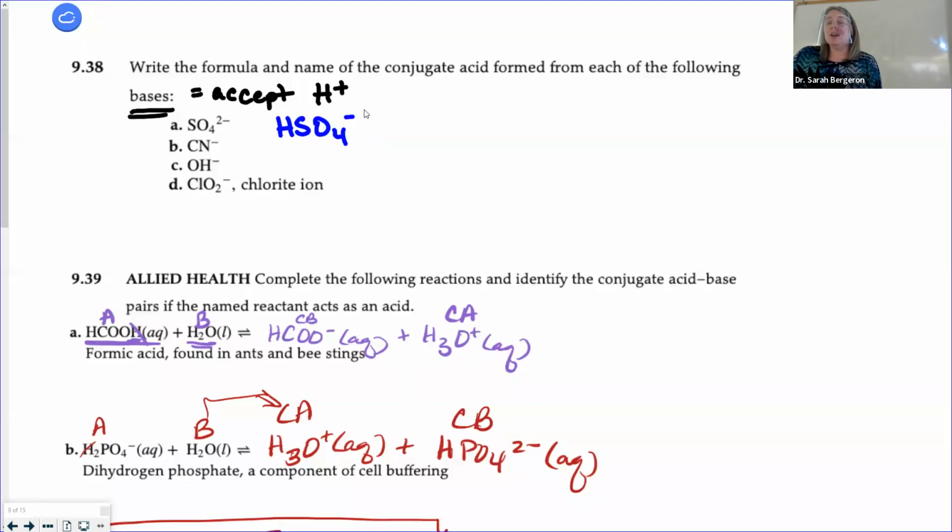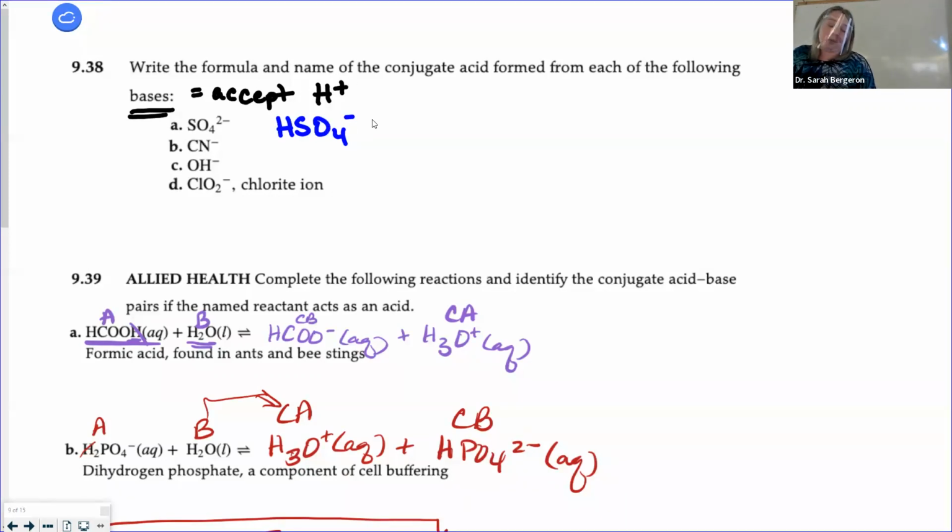A lot of times, if you're talking about making a conjugate acid, it's not a true acid. This is charged, so technically it's a polyatomic ion. You could name it either as an acid or as a polyatomic ion. The easiest thing to do is just name it as a polyatomic ion, because that's where it is on your table. So go look it up.